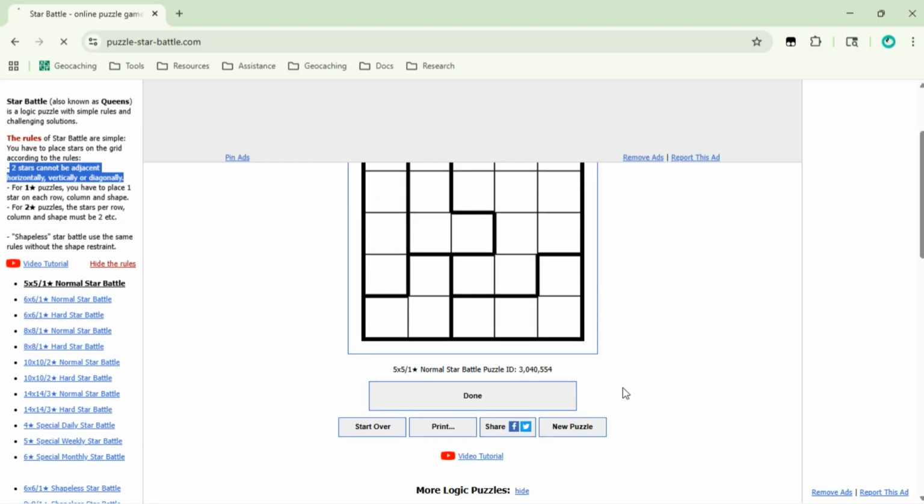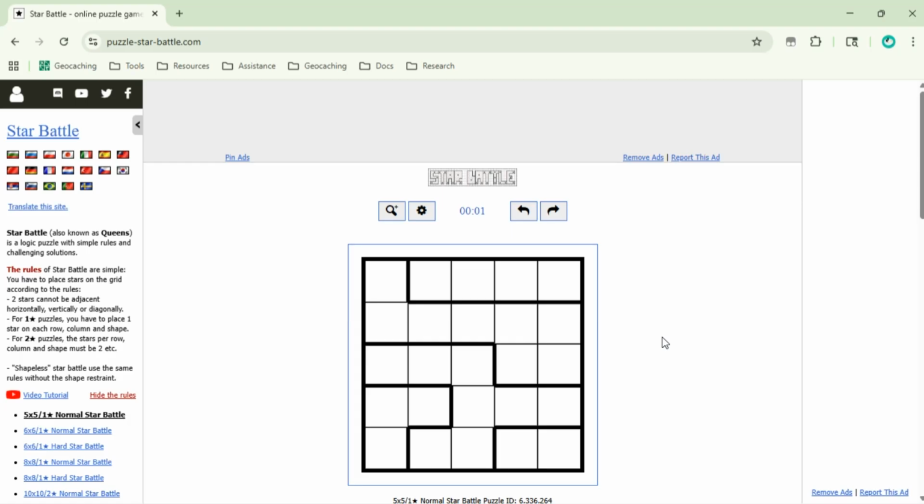So yeah, let's start a new one, and let's see how we would solve this one. I typically start with the smaller regions because they can exclude certain areas. So if there is a queen or a star right here, it means that this row is covered. So these cannot be stars. Similar, if there's a star here or a star here, it means that these would always be adjacent, either directly or diagonal.